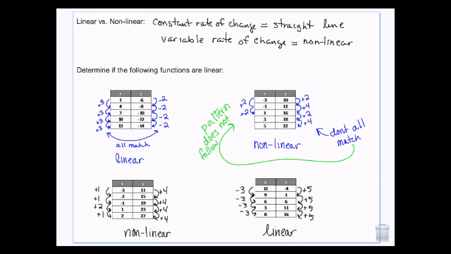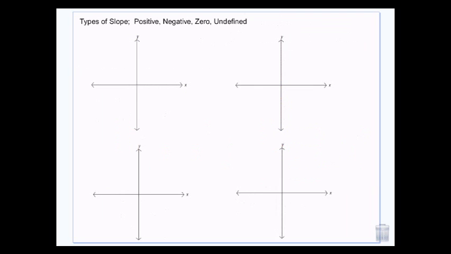Fun with numbers. Okay, I want one more thing. It's going to take just a little bit. I just want to show you what the slopes look like. Okay, so if we have a positive, it goes up. As you move from left to right, like you're reading a book, it'll move up.